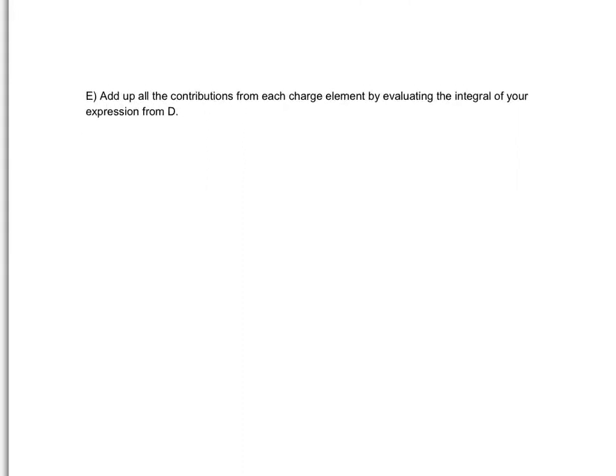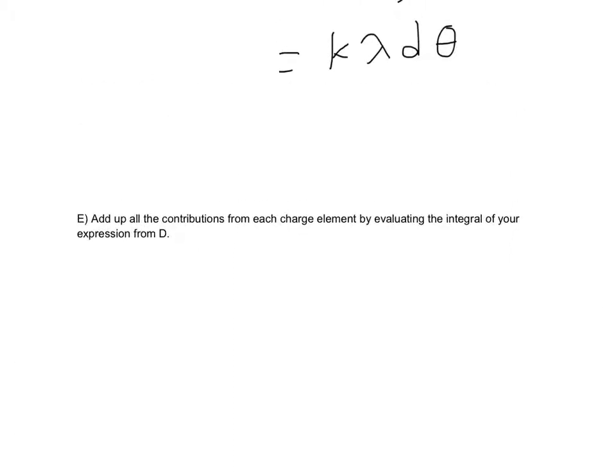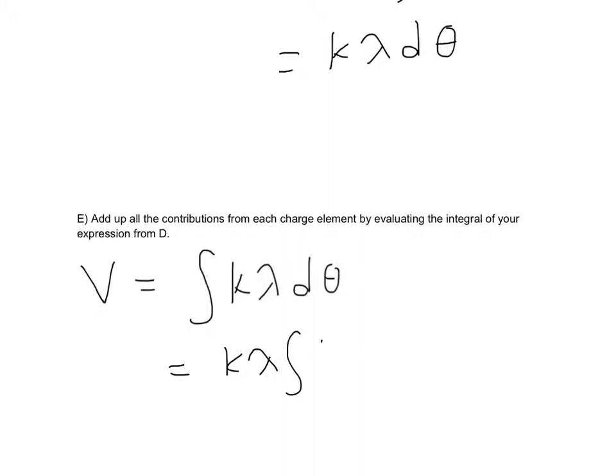We add all this stuff up to get the total potential. So we just write an integral sign in front of all that, and that's pretty easy. And this equals k lambda, because those are constant, times the integral of d theta, which equals pi k lambda over 2.